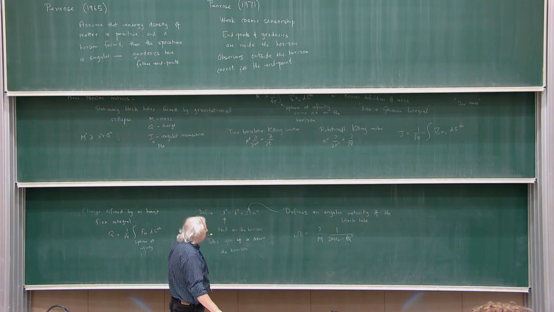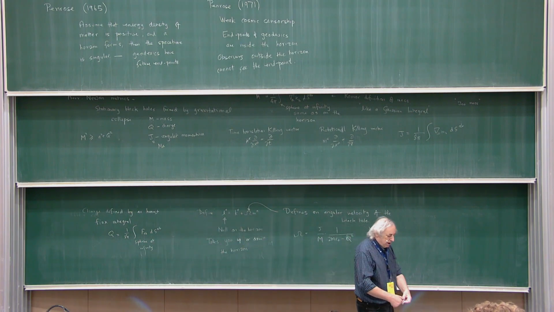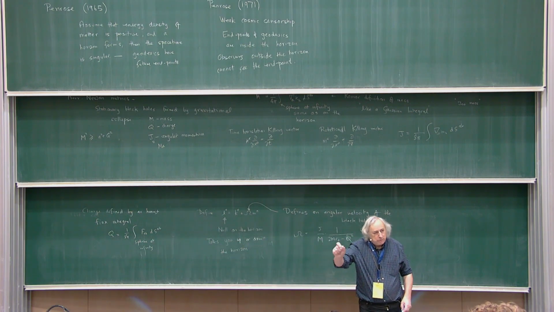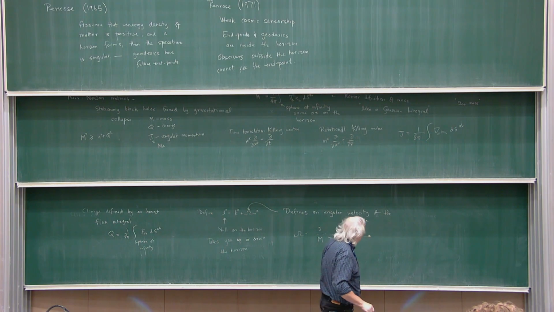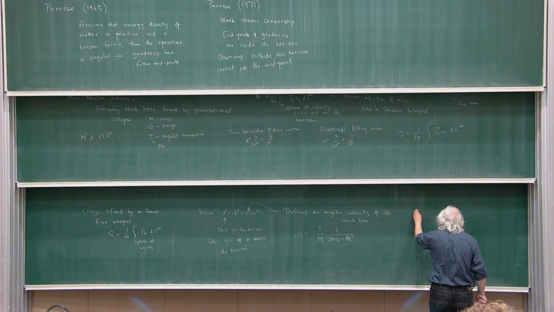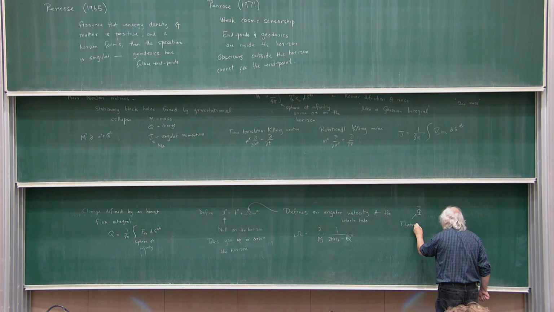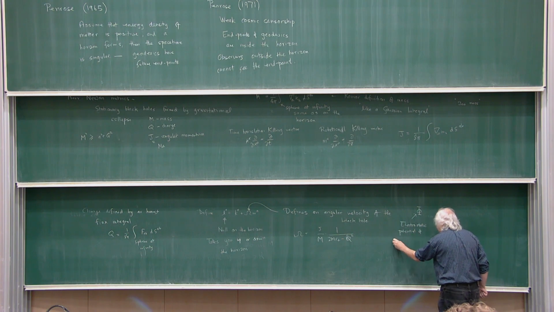Similarly, you can define an electrostatic potential for the black hole. If the black hole is sitting in space and you put the electrostatic potential to 0 at infinity, then you can define a potential Φ.